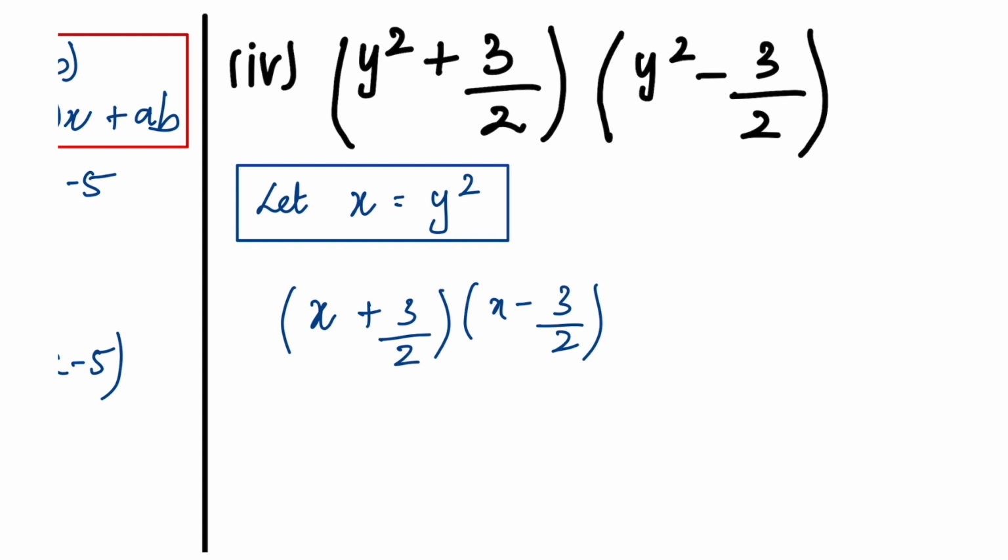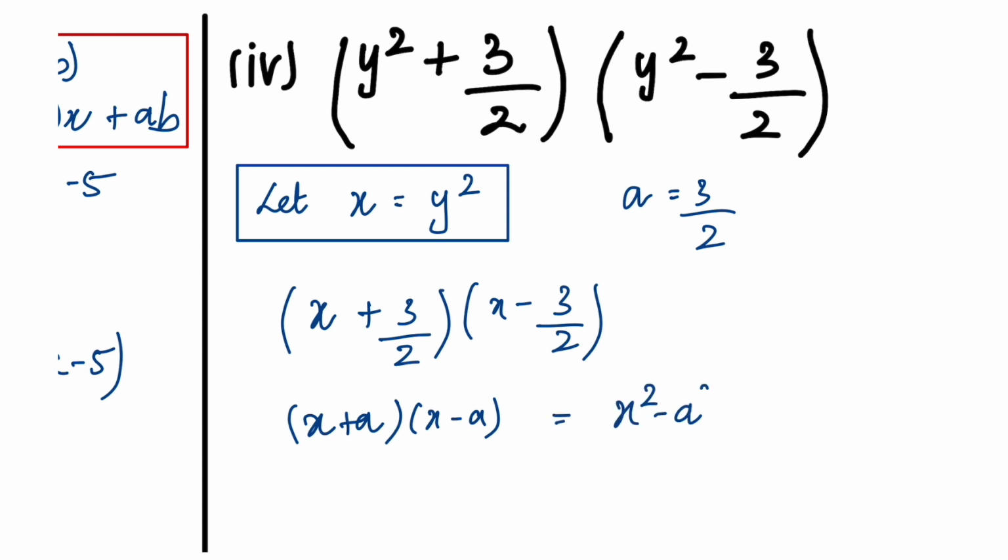And if you assume a is equal to 3 by 2, it becomes (x plus a) into (x minus a), right? And (x plus a) into (x minus a) we know is x squared minus a squared. This is an identity that we have learnt.